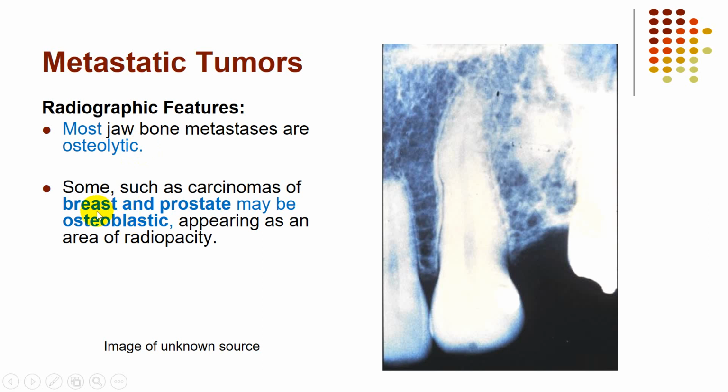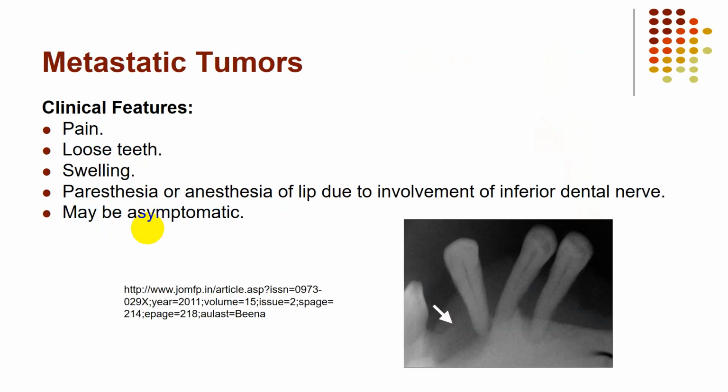But some tumors like breast and prostate stimulate bone deposition, but we can still identify the malignant tumor cells within the formed bone. Clinically, the metastatic tumors can be painless, incidentally identified, asymptomatic, or they can be painful, causing loosening of teeth and causing swelling and enlargement.